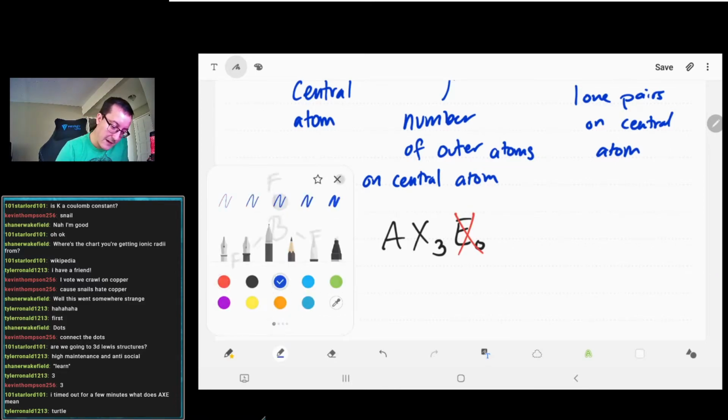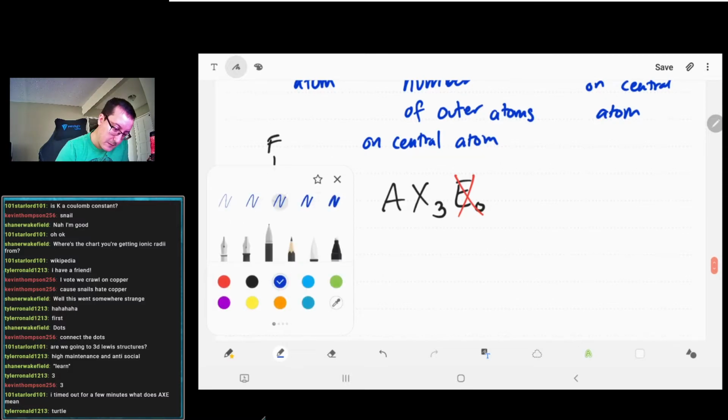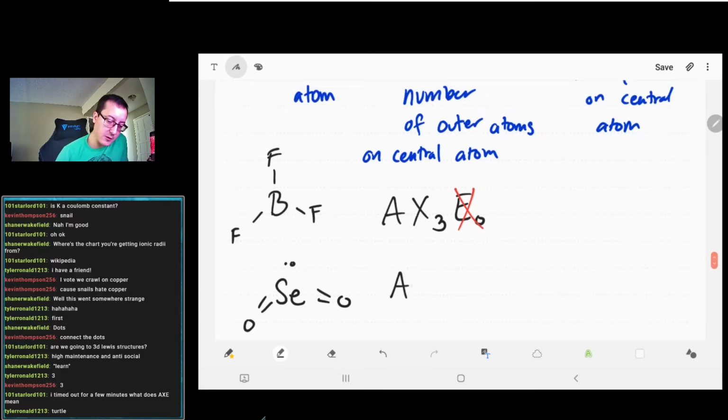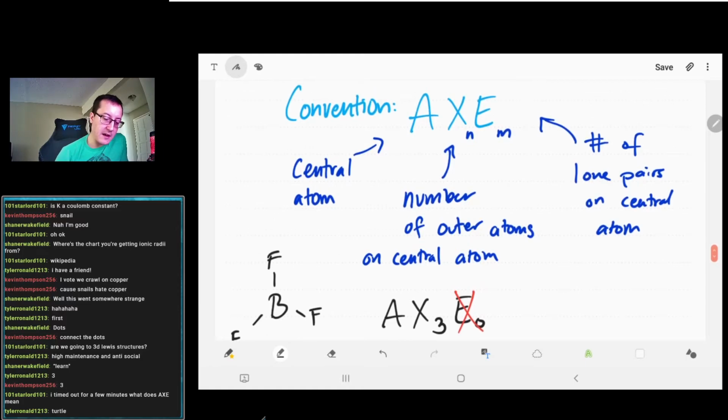If we look at this guy, how would we describe this? It has one central atom, as always. How many outer atoms does selenium dioxide have?